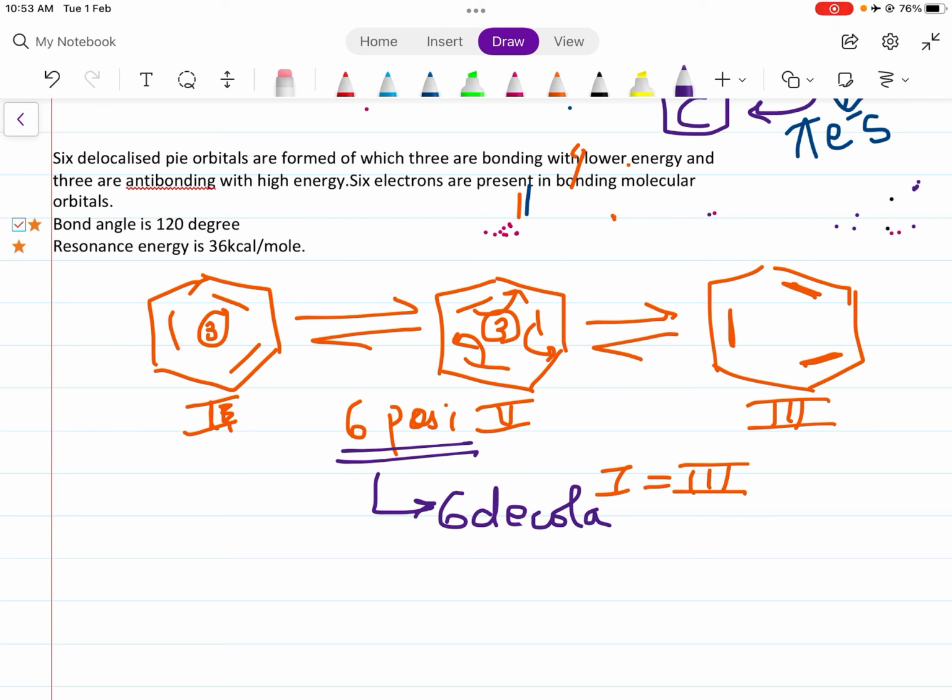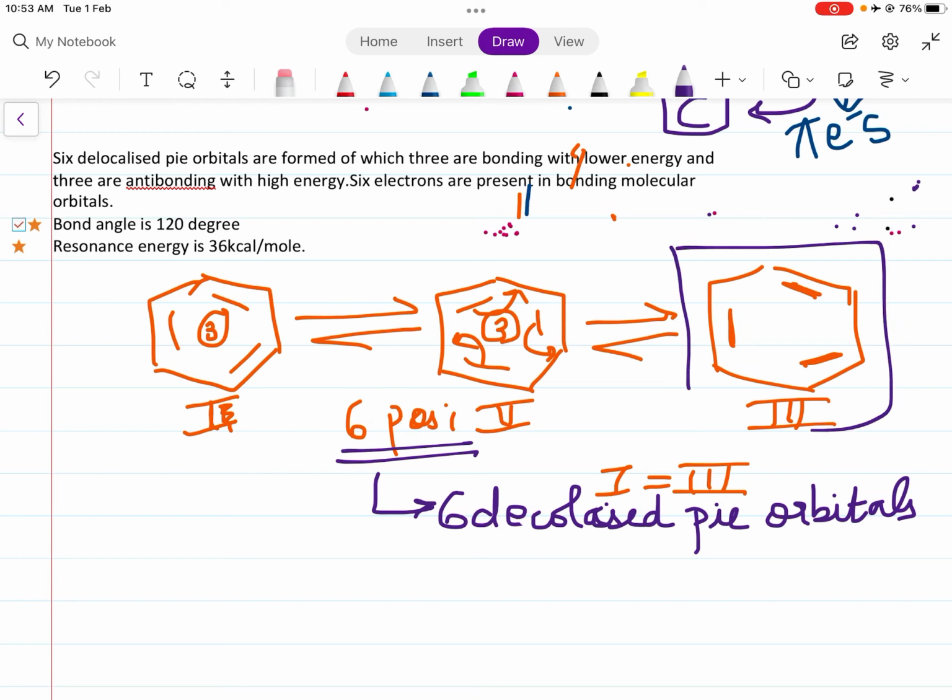So we say there are 6 delocalized pi orbitals because there are 6 positions wherein that electron can actually move inside. This third figure is the same as the first figure. But the first and the second are different because this has 3 positions of its own and this has 3 positions of its own.